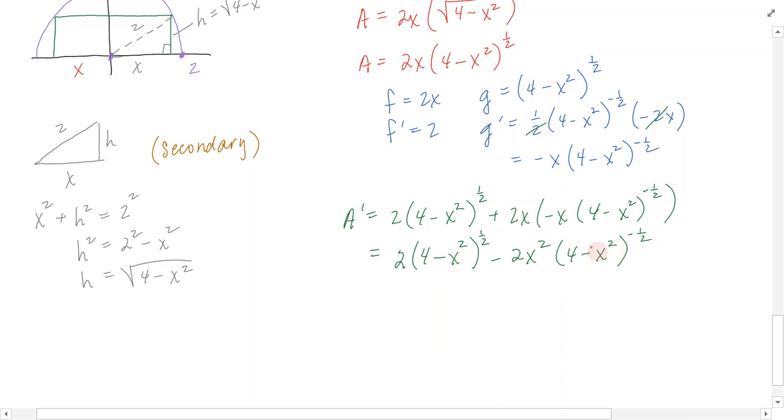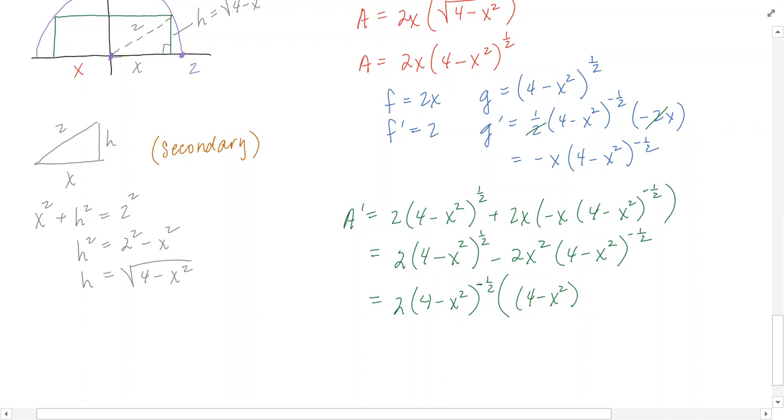Notice that I have a 4 minus x squared in both of these terms. I also have a 2 in both of those terms. So let's take out a 2 and a 4 minus x squared. The smallest exponent I can take out is a negative 1/2. That leaves me with a 4 minus x squared in this term.